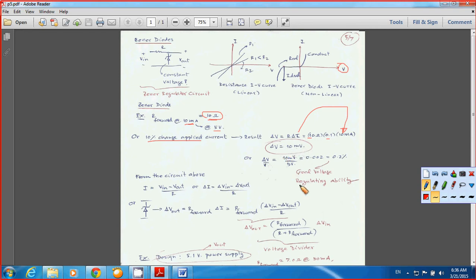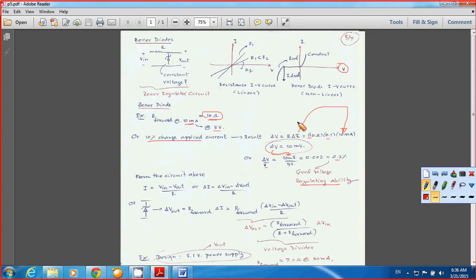Or you can find the voltage regulation. Simply divide delta V by V. You have the change of the output voltage, 10 millivolt, when you supply 5 volt to the diode. So you end up with 0.002, or only 0.2%. This gives you good voltage regulating ability from the Zener diode.